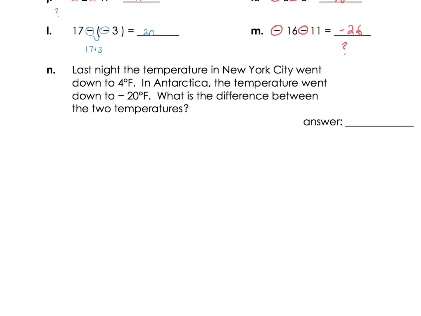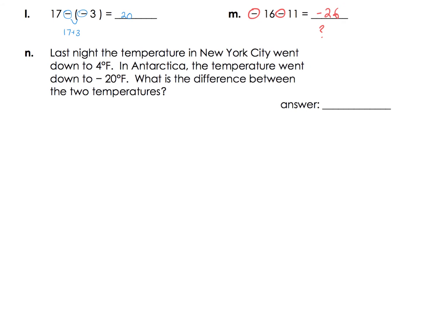Let's take a look at our question here. Last night, the temperature in New York City went down to 4 degrees. In Antarctica, the temperature went down to negative 20 degrees. What is the difference between the two temperatures? So if we have 4 degrees and we need to find the difference, I need to subtract negative 20.